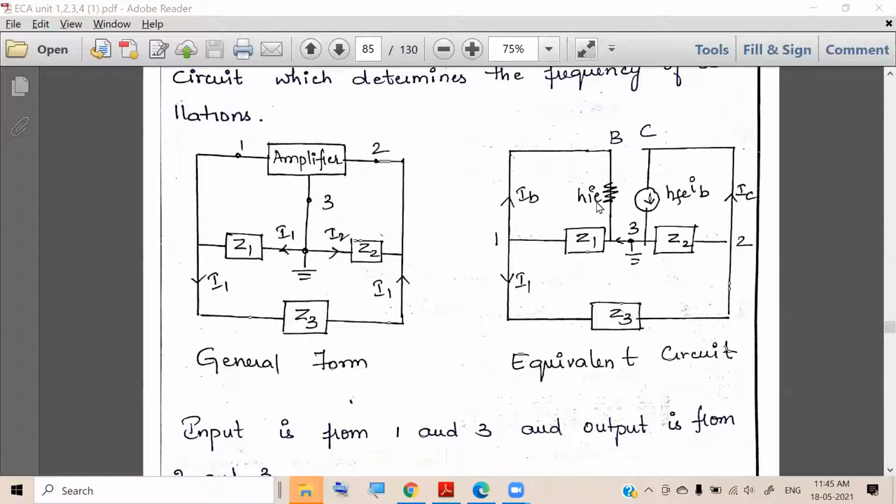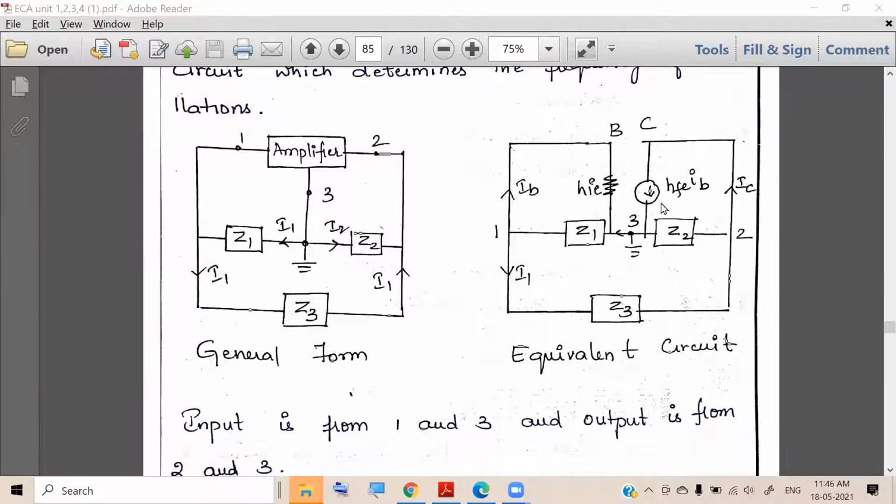But if we replace the amplifier, the transistor, with its equivalent, now we can apply KCL, KVL, whatever we can analyze. The result that we get for this circuit is the general expression for an LC oscillator. The general condition for an LC oscillator we are going to derive now from this circuit.